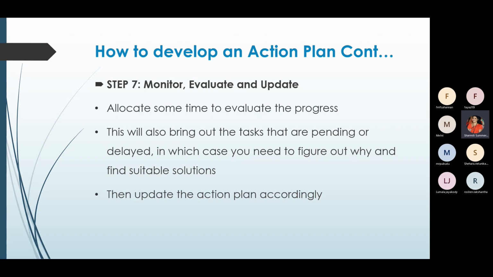And once you sort out the problems, that means once you come up with the solutions, then again you need to update, right? Because now your action plan is going to change, so you need to update it again, and again share it with the others as an updated version, right? So these are the steps that you need to include when you are developing your action plan.